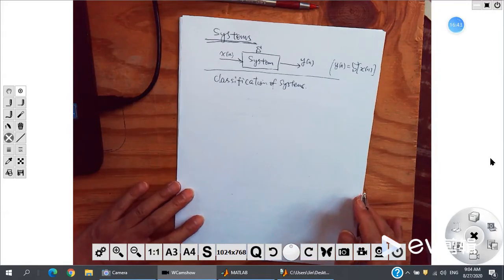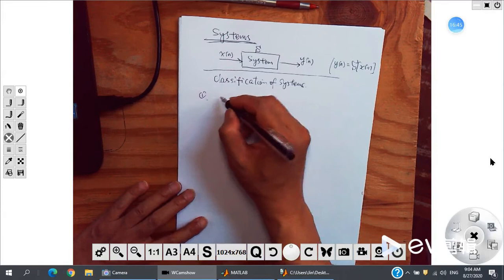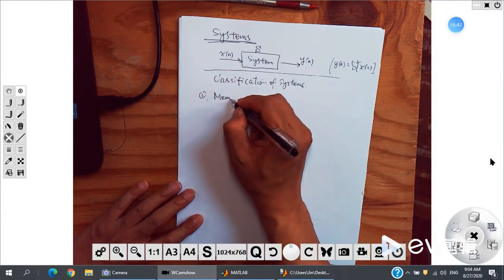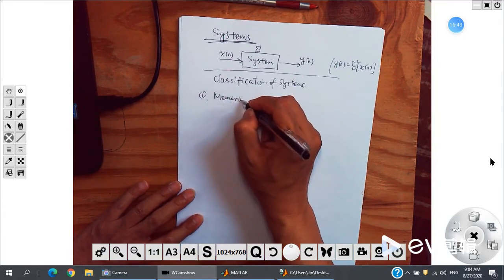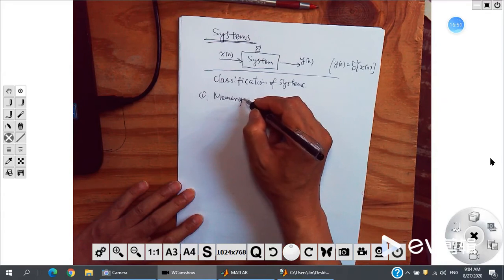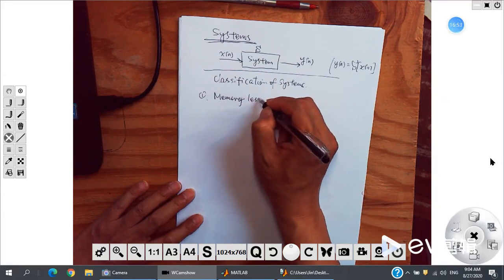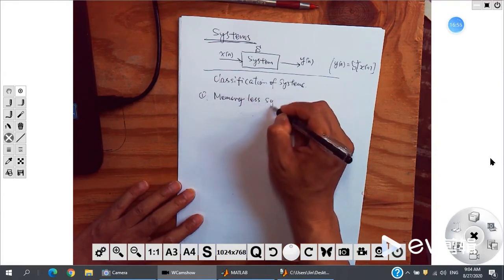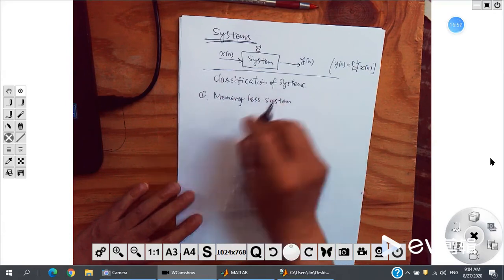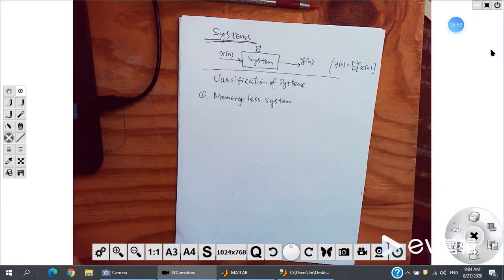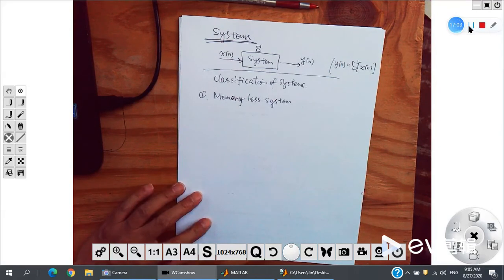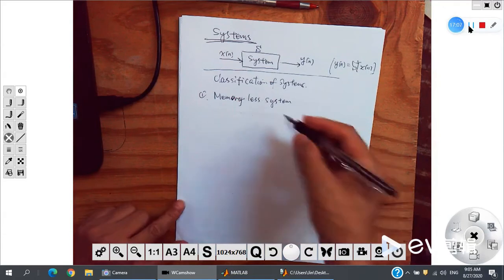The first one we call the memoryless system. This is the case where we do not need a memory. Memoryless system.